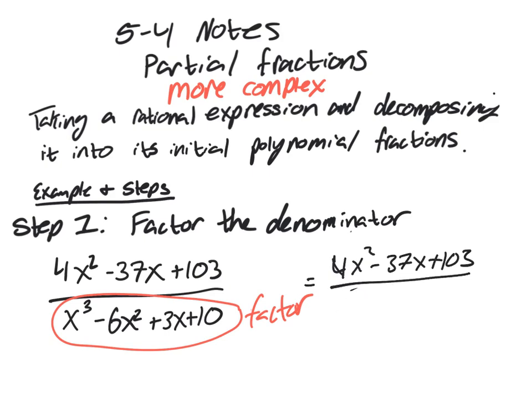That was the whole point of all that work. x minus 2, x minus 5, and x plus 1. Okay, so that was the portion that was significantly different from what we saw in the previous video. The rest of this should be very similar, but just with a small amount of additional work here.